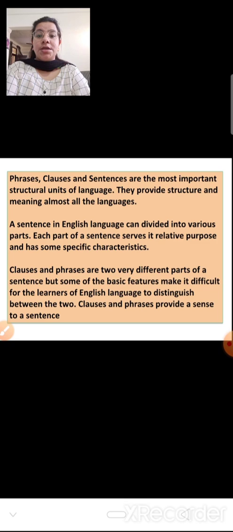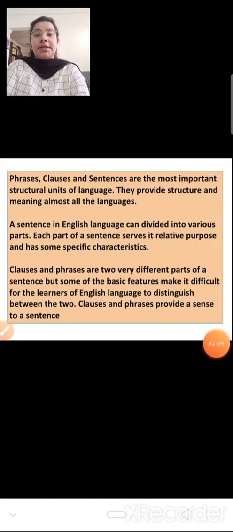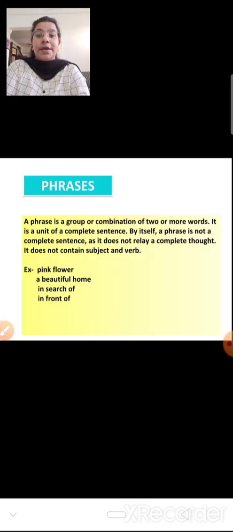So this was the information about phrase, clause, and sentence. A sentence is incomplete without its various parts, and in those various parts we can include phrases and clauses. So let us know what phrase actually means.